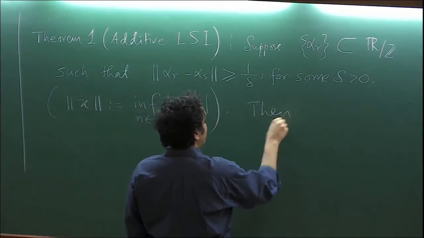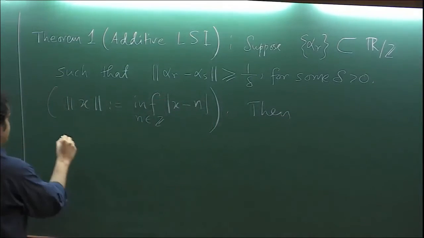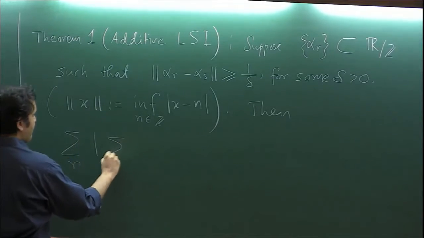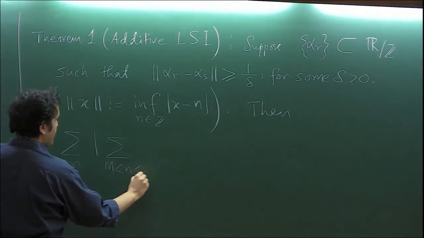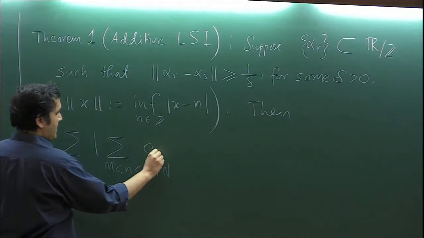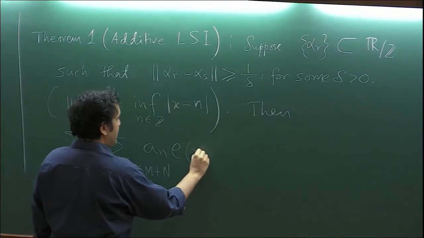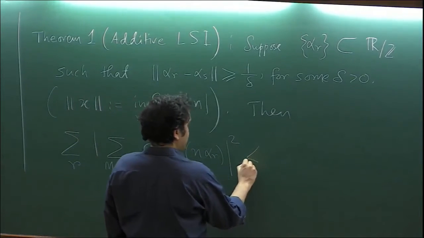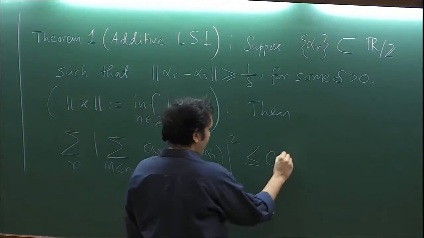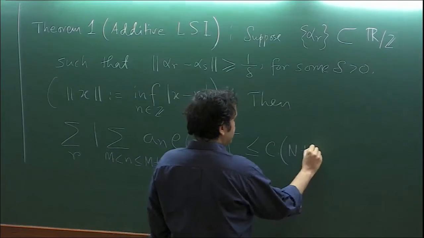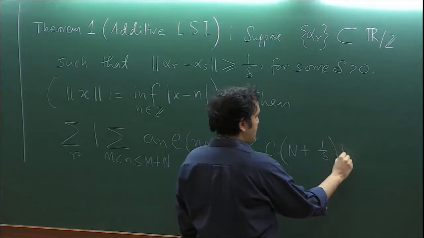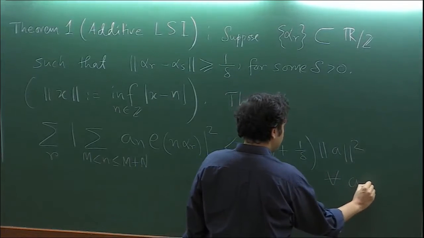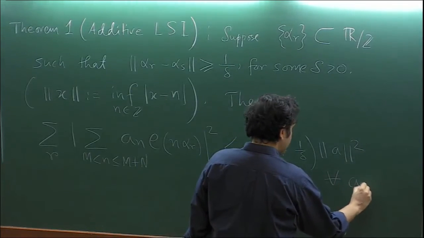Then the theorem says that the sum over r of |sum a_n e(n alpha r)| squared is bounded by some constant times (N plus 1 by delta) times the norm of a squared. And this is for any sequence a.